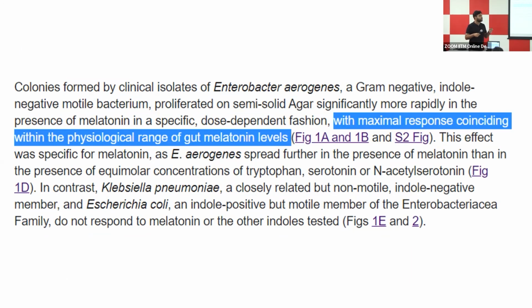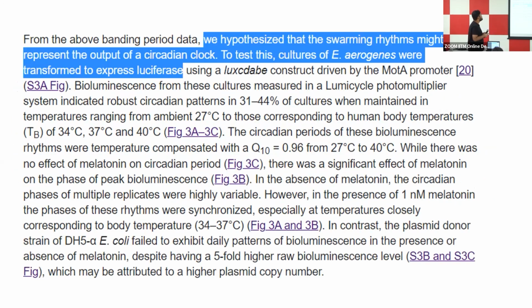So this is where we plan to take the data from when the gut melatonin levels are peaking, and basically get the details about the oscillations in the gut circadian rhythms.